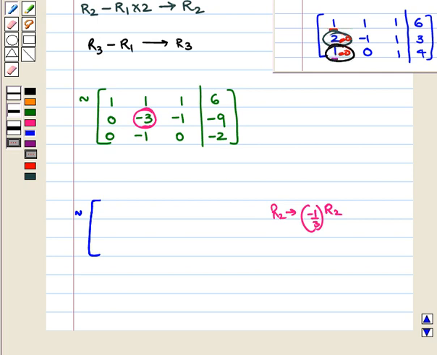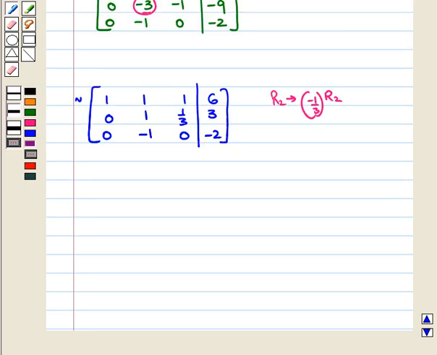We get the matrix containing elements 1, 1, 1 and 6 in the first row, 0, 1, 1 by 3 and 3 in the second row, 0, minus 1, 0 and minus 2 in the third row. Now we have to make entries below this leading entry in column 2, 0.